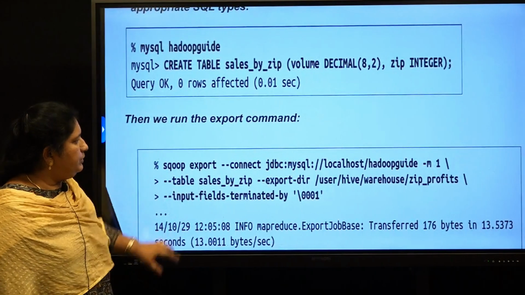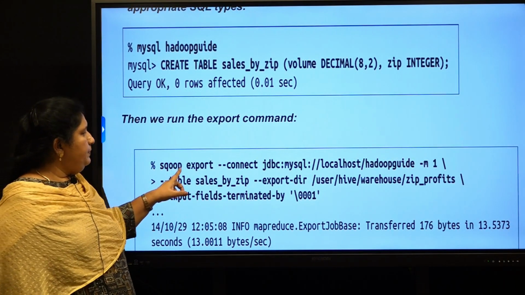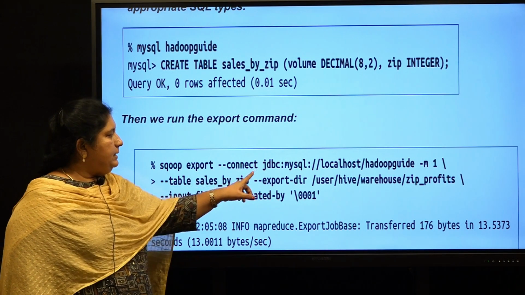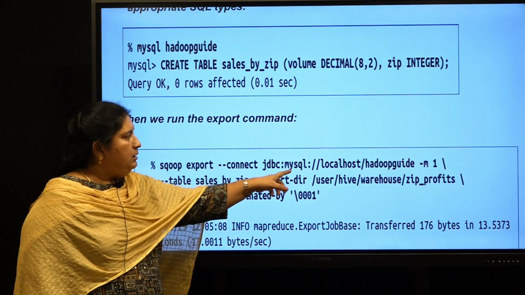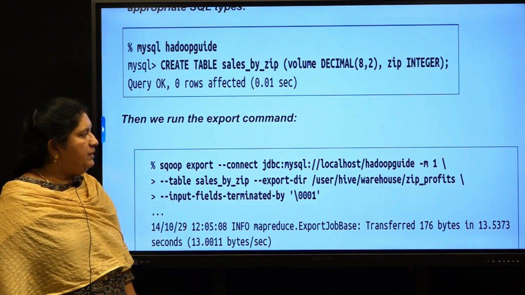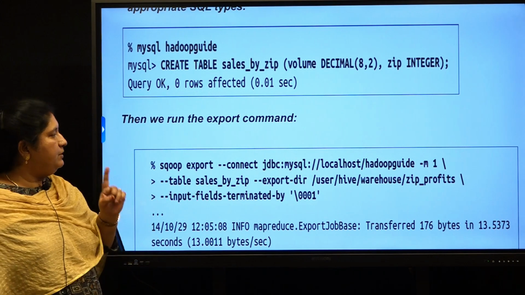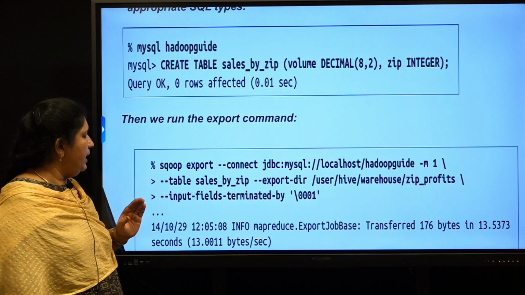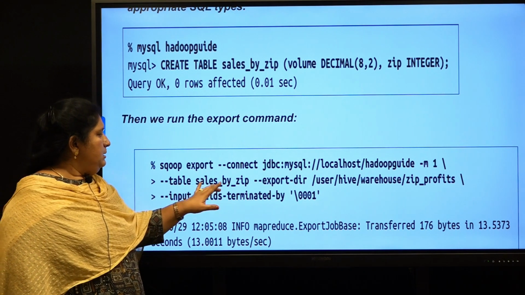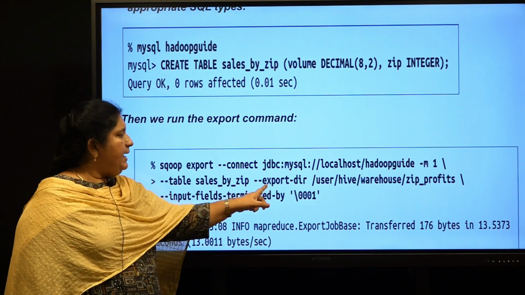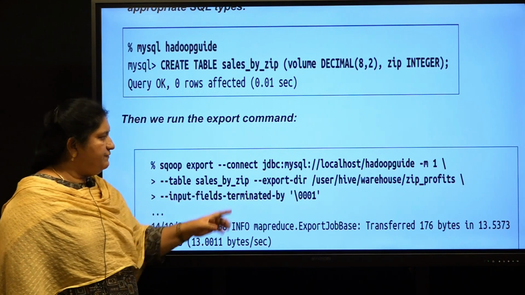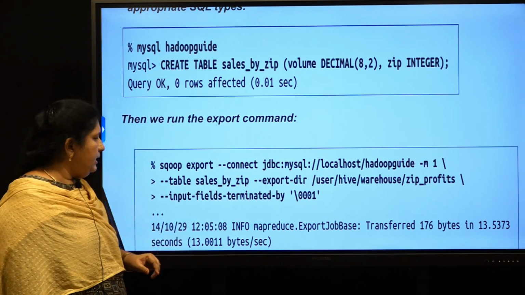How are we exporting the data? Sqoop export, connect the JDBC to MySQL, and what is the database we are working with? Hadoop guide, with one mapper, or with MapReduce 1. What is the table? Sales by zip code. Export the data from which HDFS file? You are mentioning that.